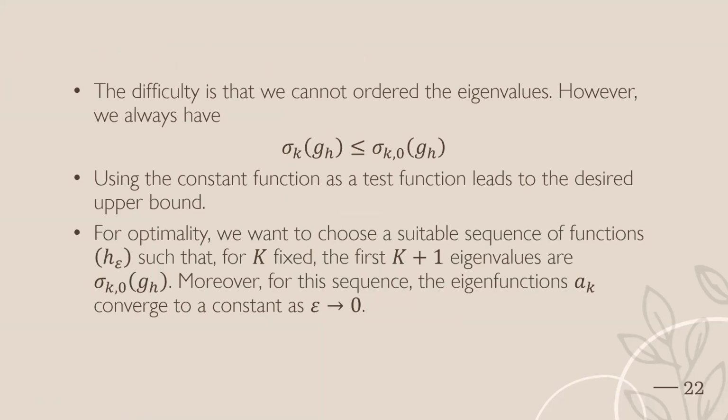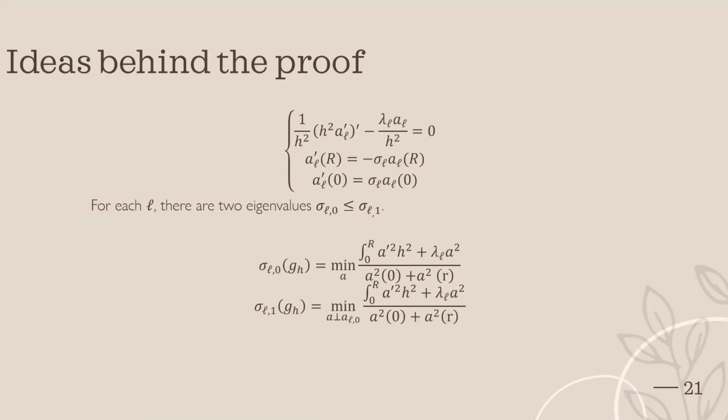If we choose the constant function, the derivative will be equal to 0, so this term is equal to 0. And what's left is the integral between 0 and r of lambda L times r times the constant squared. We can choose the constant 1 since it's simple. So in the numerator, we obtain lambda L times r. And in the denominator, we obtain 1 plus 1, so 2. So we obtain our upper bound.